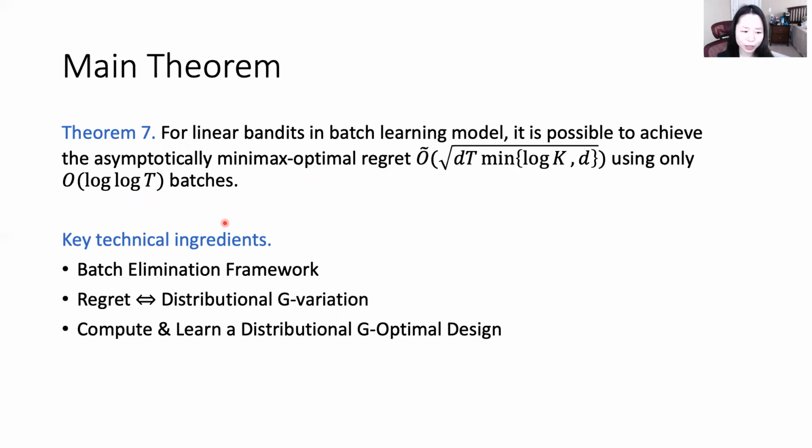The key technical ingredients in our proof and algorithm design are, first, we developed a batch elimination framework in our algorithm. Then by some technical analysis, the task of upper bounding the regret boils down to upper bounding the distributional G-variation. And then we developed an algorithm to compute and learn a distributional G-optimal design.